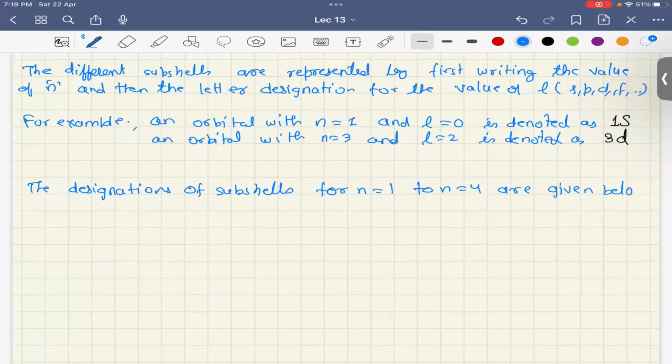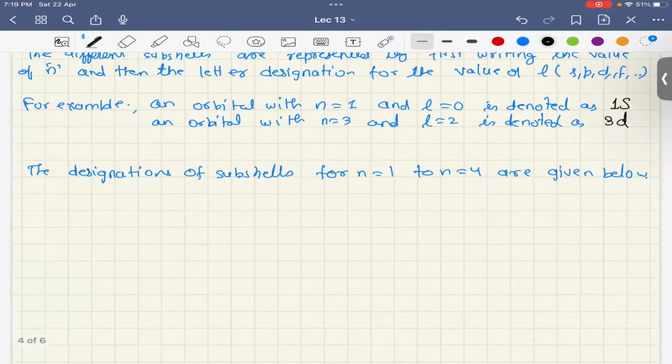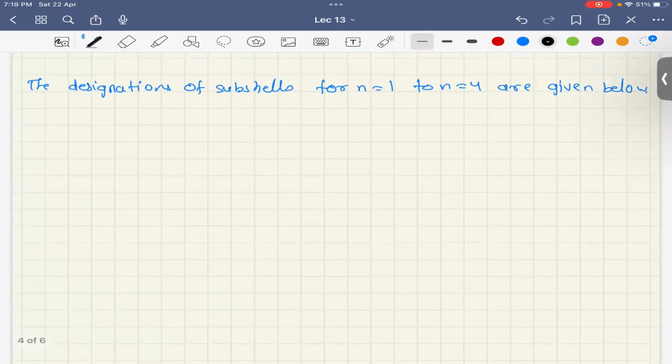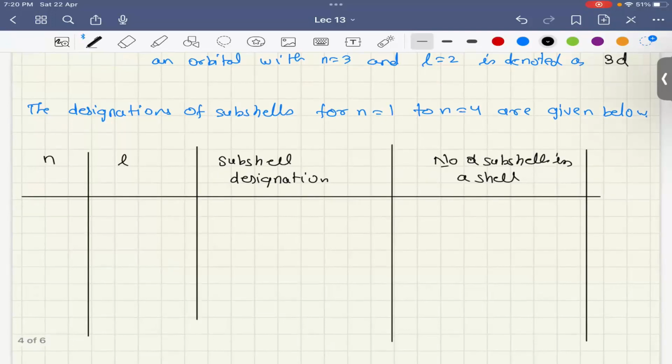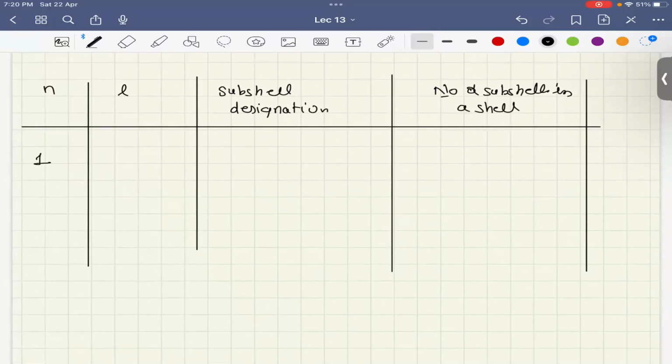So there is a table of this: the value of n, the value of L, the subshell designation, and the number of subshells in a shell. What we have is n equal to 1. The allowed value of L is only 0, and it is called 1s. There is nothing called 1p or 1d, because the allowed value of L for n equal to 1 is only 0.